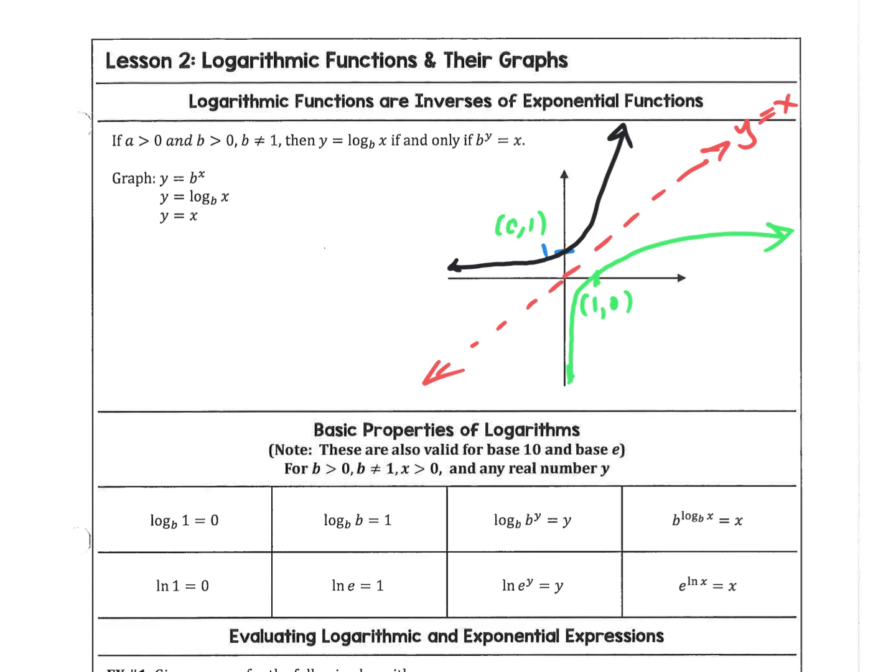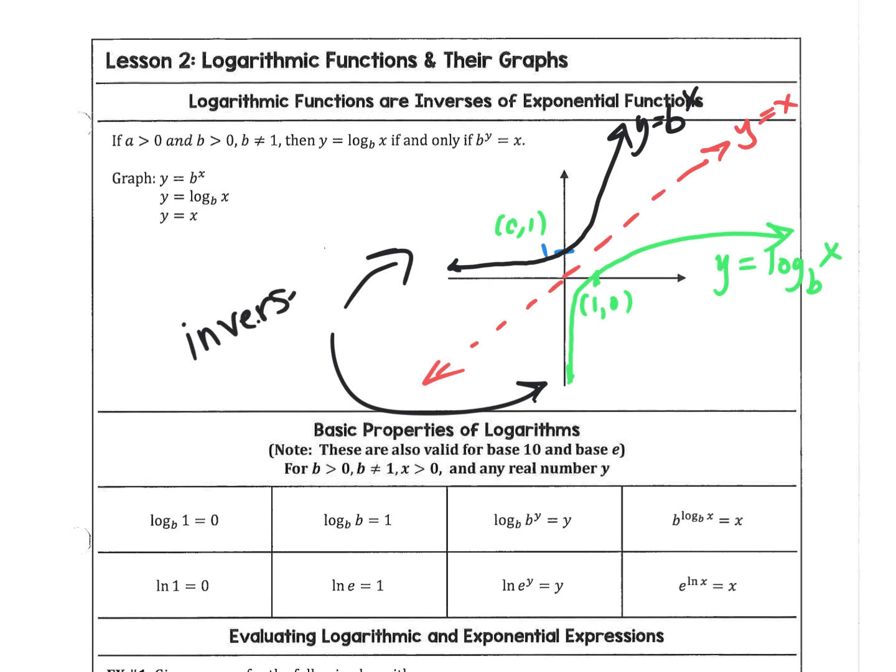So, guys, this is y equals b to the x power. This guy right here is y equals log base b of x. That's how we say that. They are inverses. Okay?